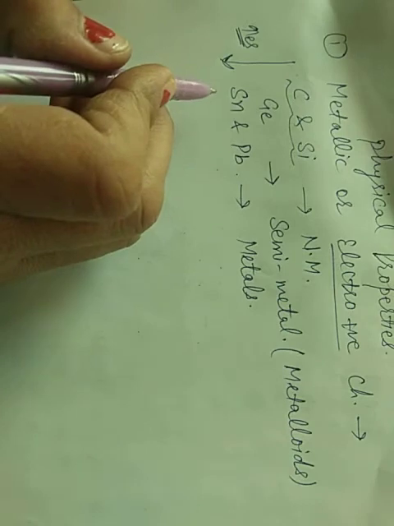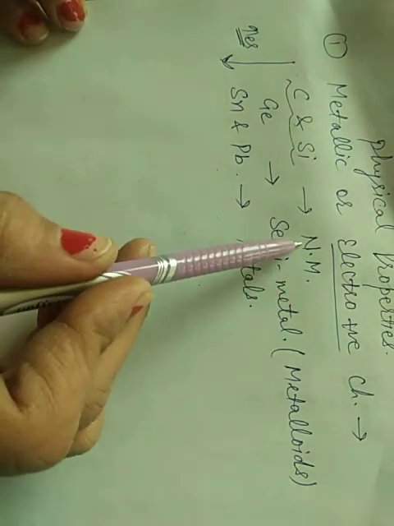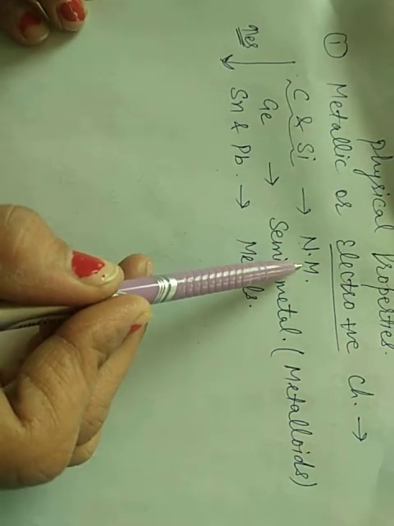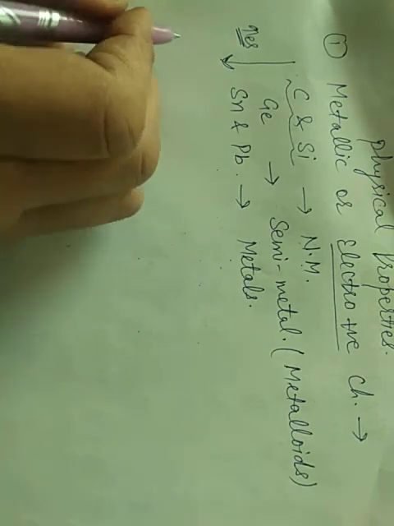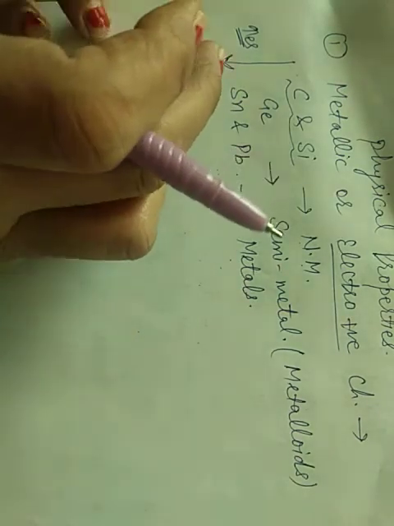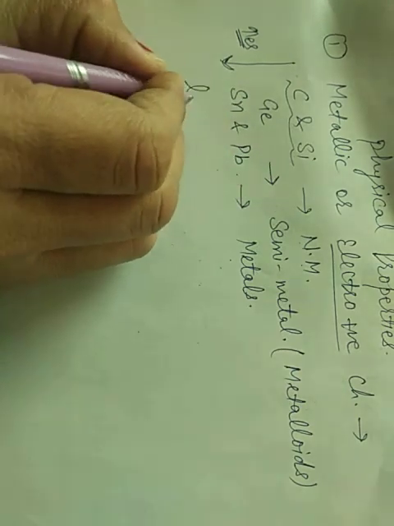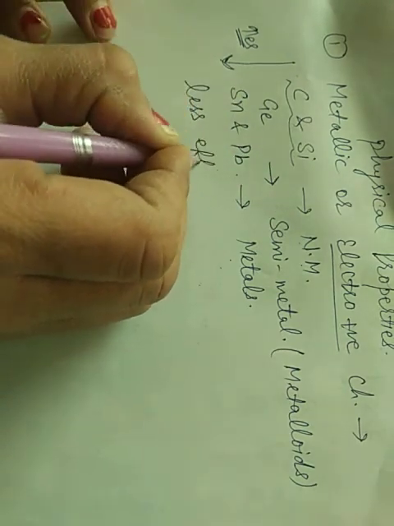Now, what is the reason behind this? कि non-metallic character changes from metallic character down the group. ठीक है? Because the reason is less effective nuclear charge.